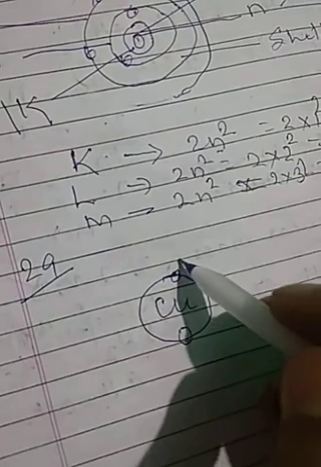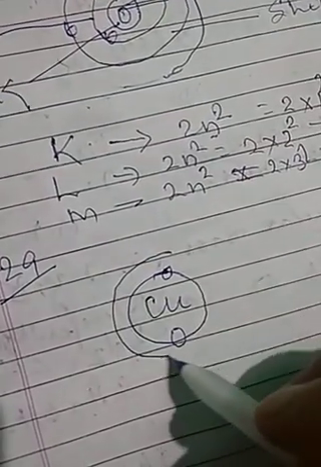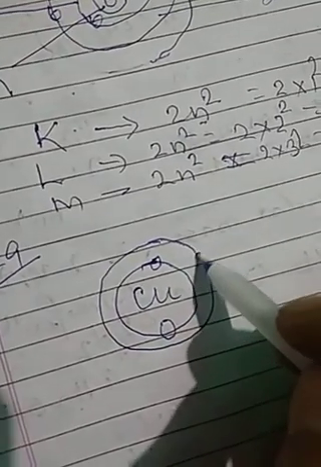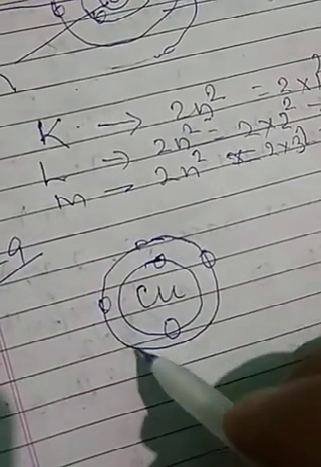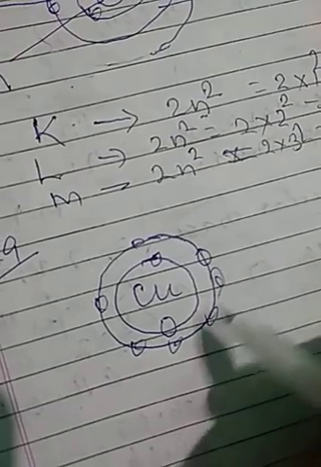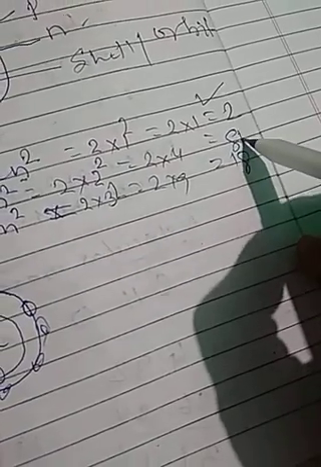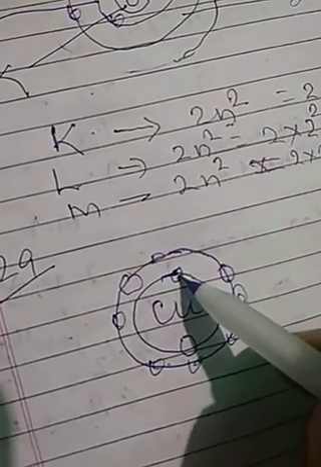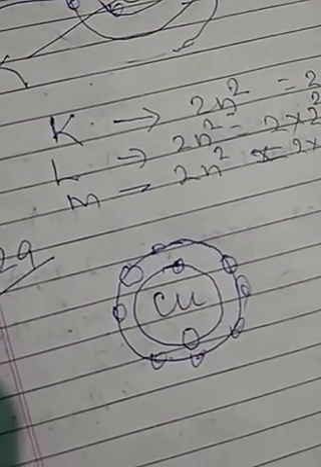Then they will come to the second shell. Here 8 electrons will be accommodated: 1, 2, 3, 4, 5, 6, 7, 8 electrons in the second shell. Now what is the number of electrons so far? 2 plus 8, 10.